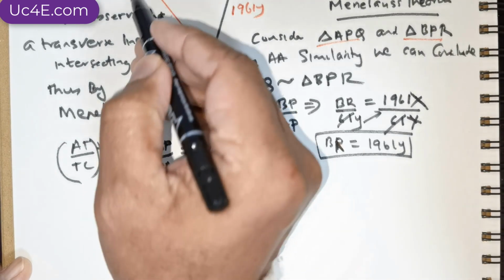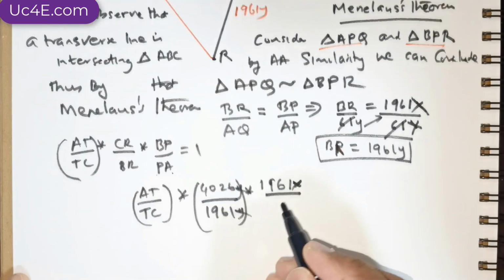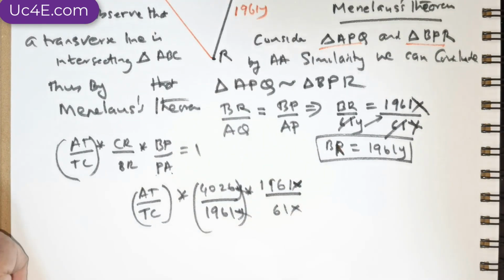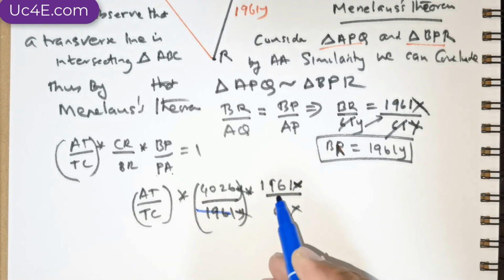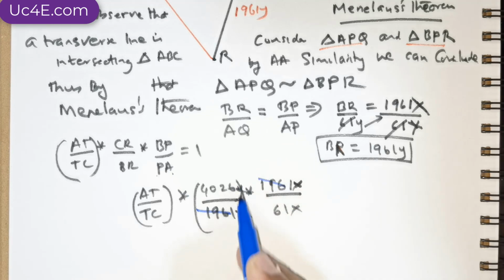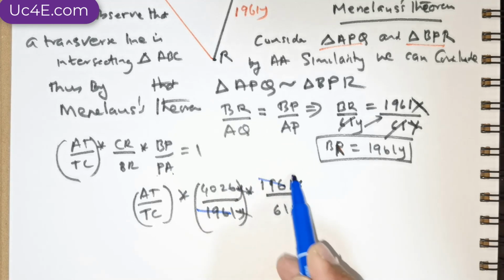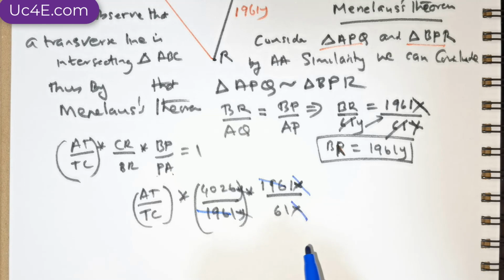PA is 61x. So clearly we see that 1961, 1961, they get cancelled. Of course, I've already cancelled the y's here. Now the x will also be cancelled. And what have we got?